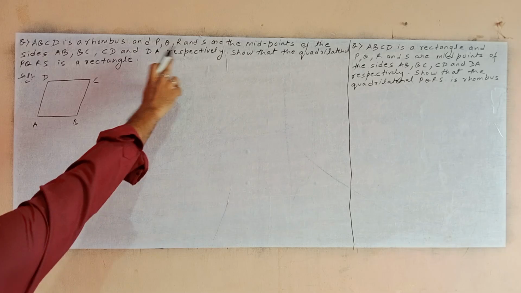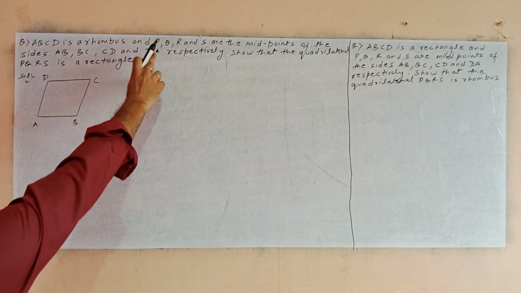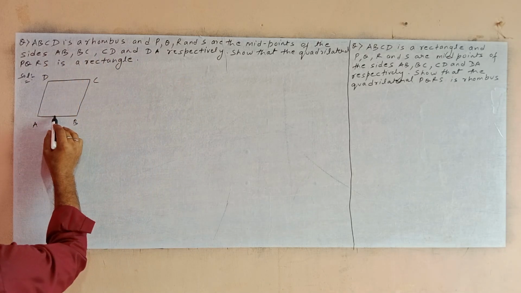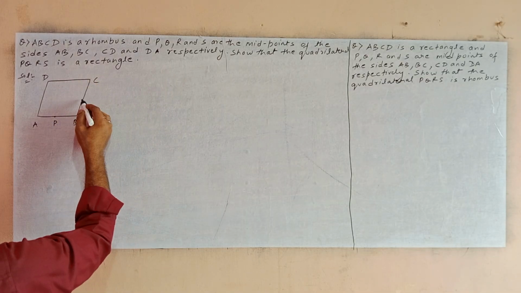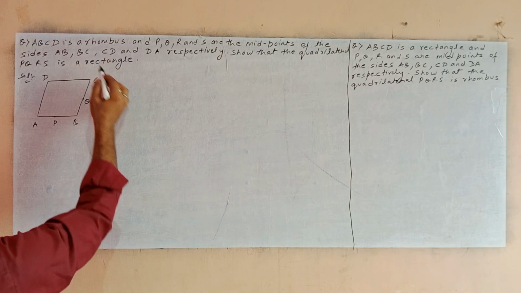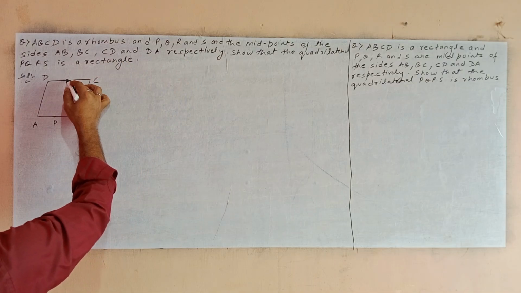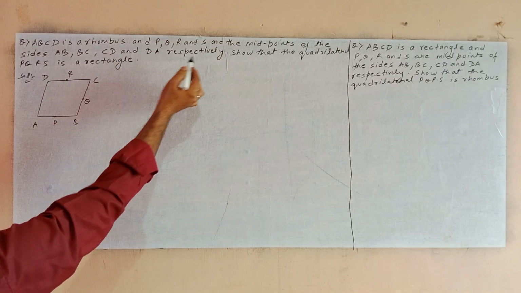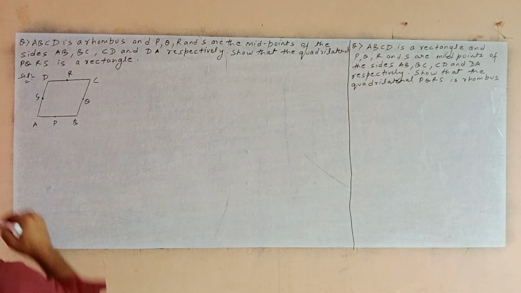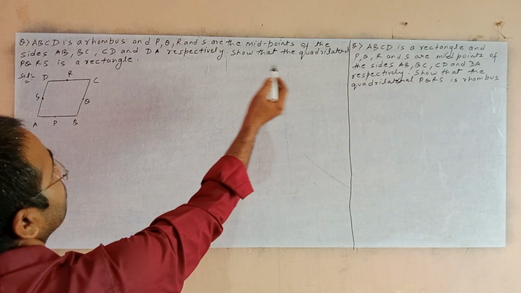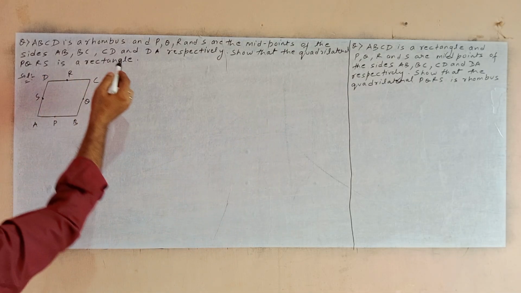So P is the midpoint of AB, Q is the midpoint of BC, R is the midpoint of DC, and S is the midpoint of AD. Now, prove that quadrilateral PQRS is a rectangle.